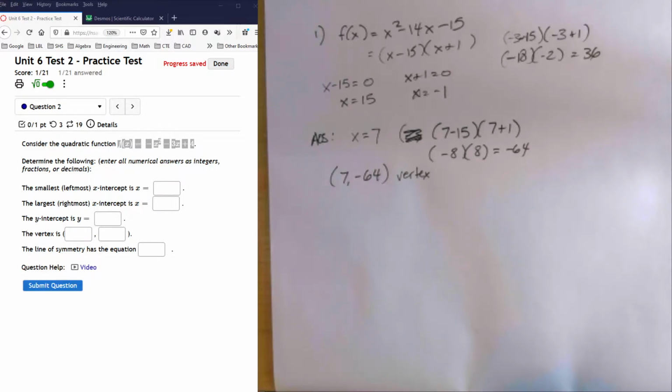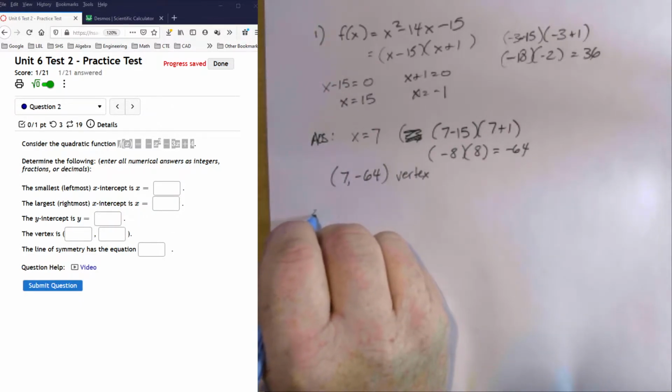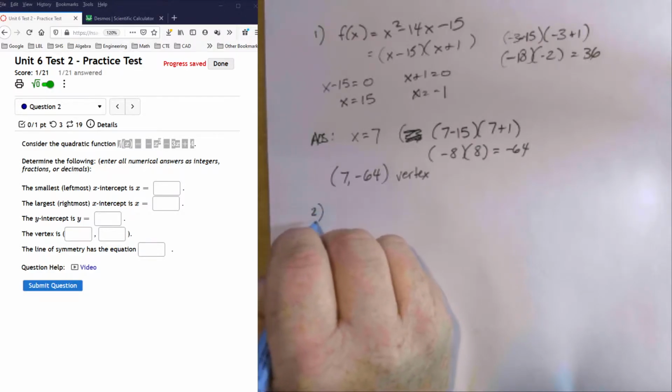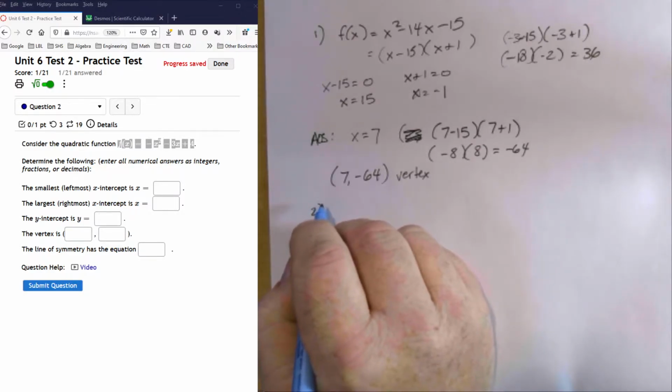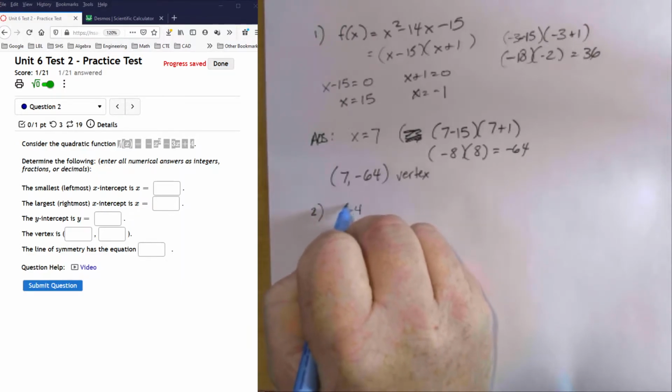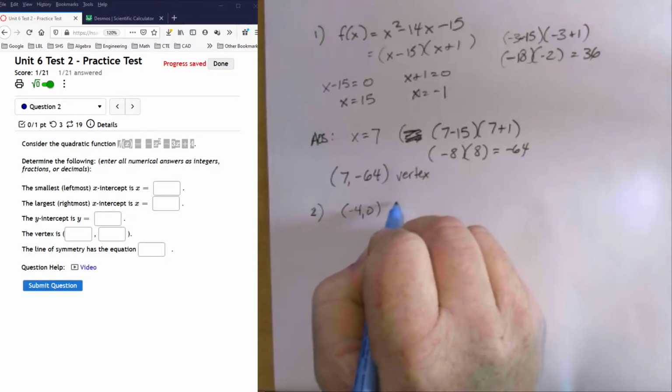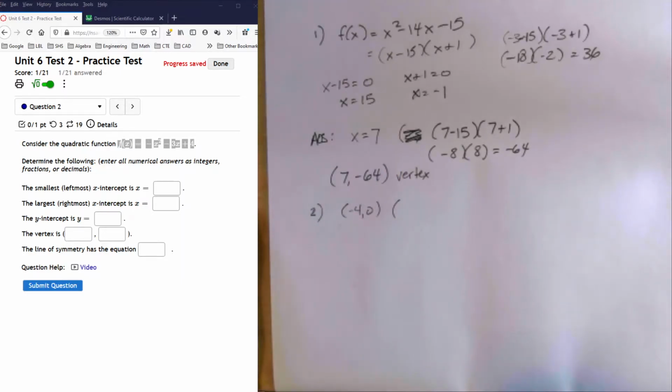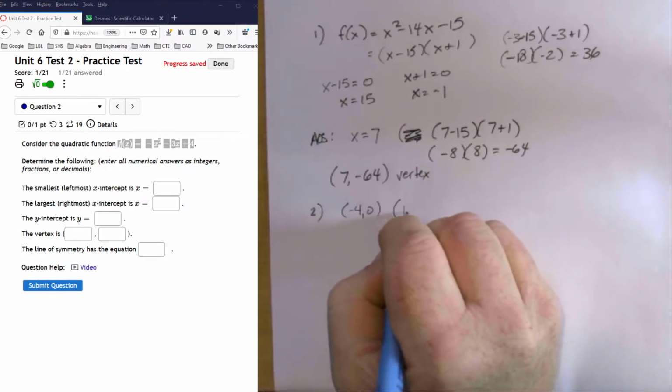They're asking me for the x-intercept. The smallest is going to be negative 4. So number 2, the smallest x-intercept is going to be negative 4, 0. The other x-intercept is going to be 1, 0.